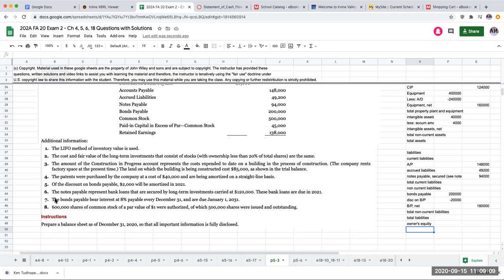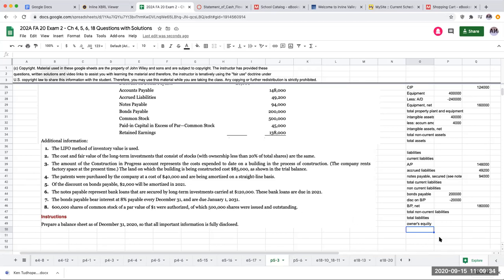The other thing too, we know that the bonds payable are going to be non-current because they bear interest at 8% and are due on January 1st, 2031. The interest has already been paid, so everything's going to be non-current. Okay, so over here, the discount on bonds payable, 2,000 will be amortized in 2021. That's pretty irrelevant. It just shows up still as non-current.